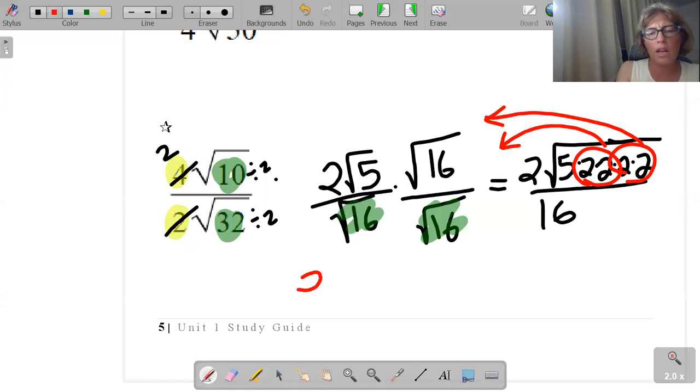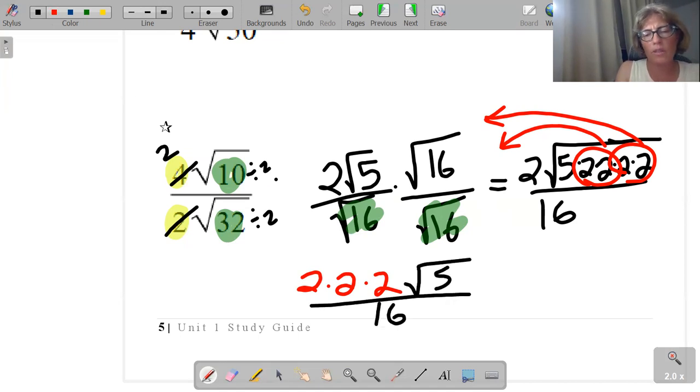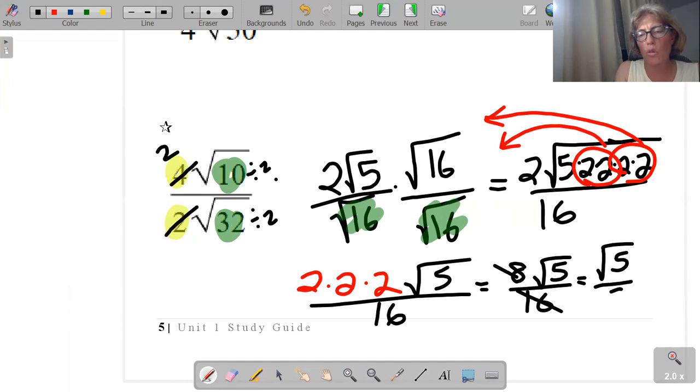So on the outside I have 2 times 2 times 2, square root of 5. And I have a 16. Last but not least, this is going to be 8 over 16. Root 5 over 2 is the complete answer there.